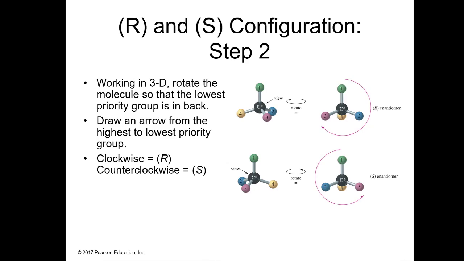And then you're going to determine, is the order of the things clockwise or counterclockwise? If it's clockwise, so you put the hydrogen in the back, and then you go 1, 2, 3 in a clockwise rotation, that's R. And if it goes 1, 2, 3 in a counterclockwise or anti-clockwise if you're British, that's S. That is the idea.